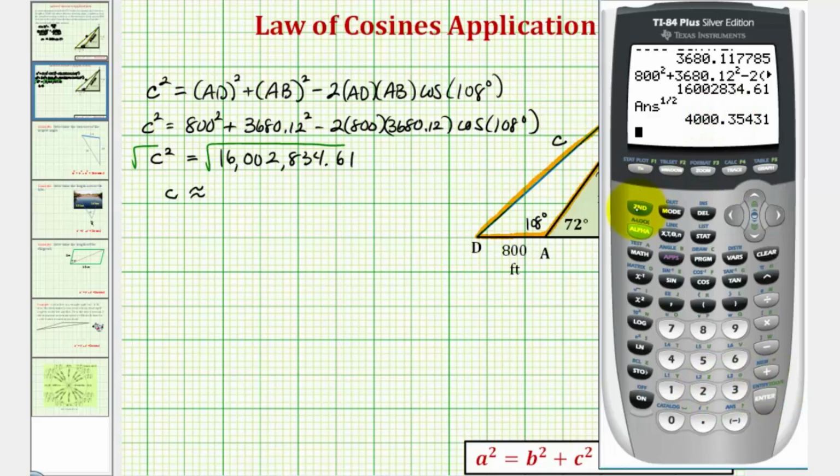Notice how this would be equivalent to taking the square root of 16,002,834.61. Either way, C is approximately 4,000.35 feet.